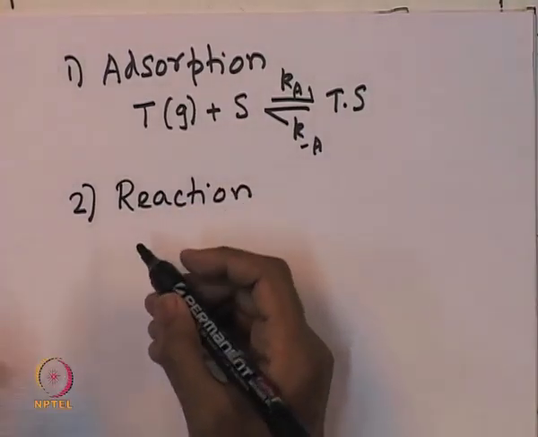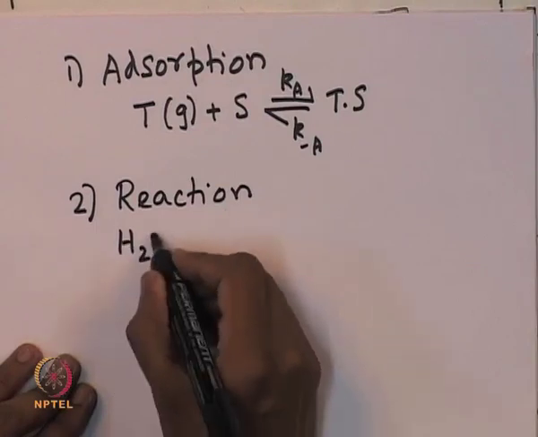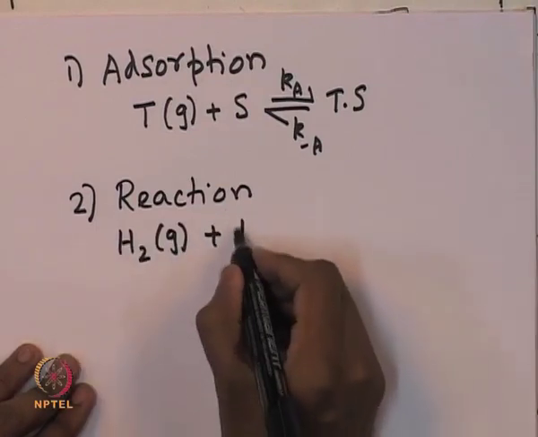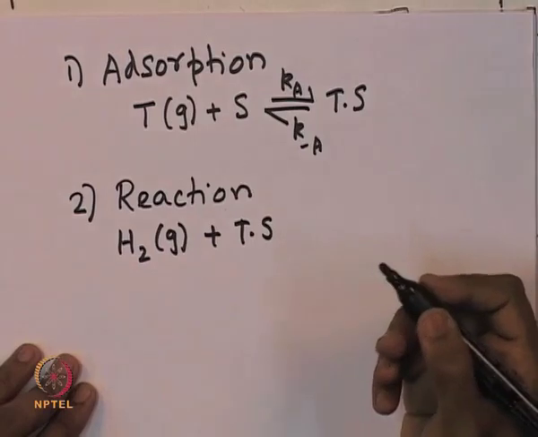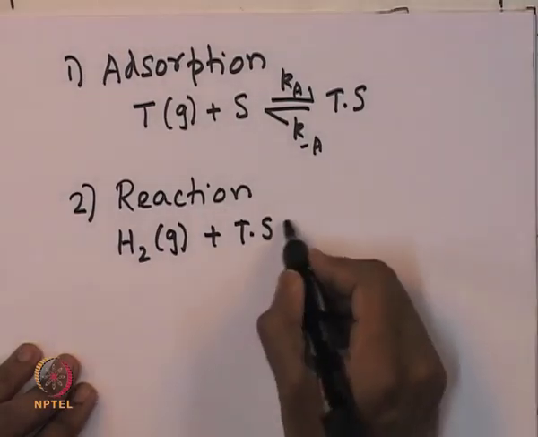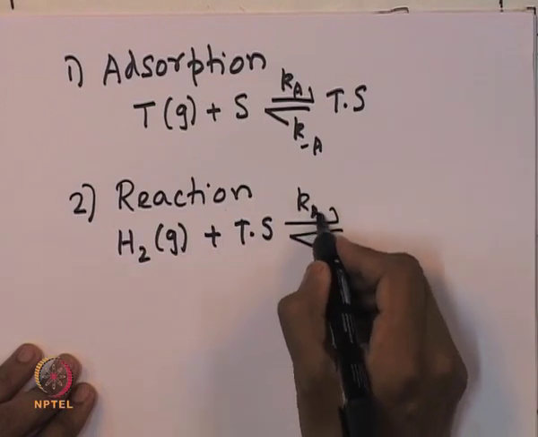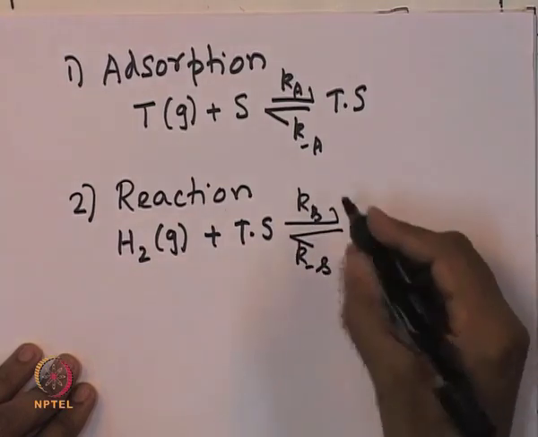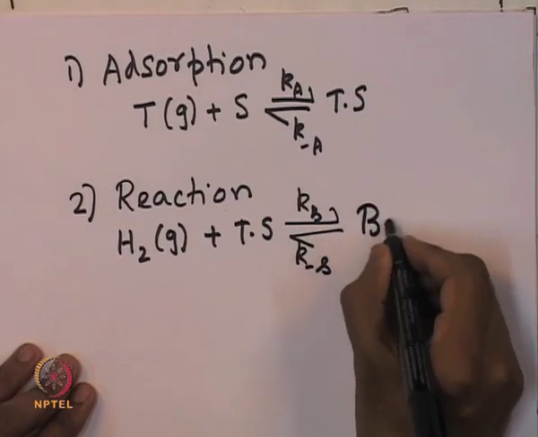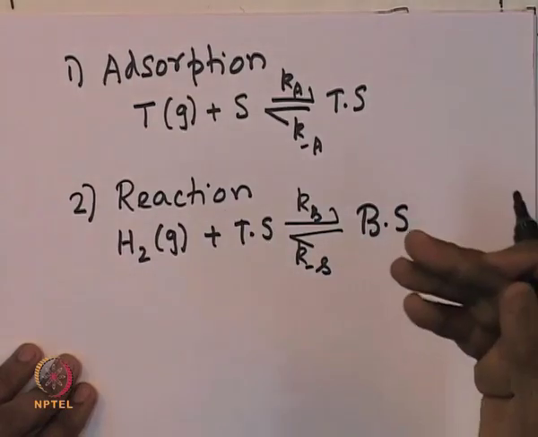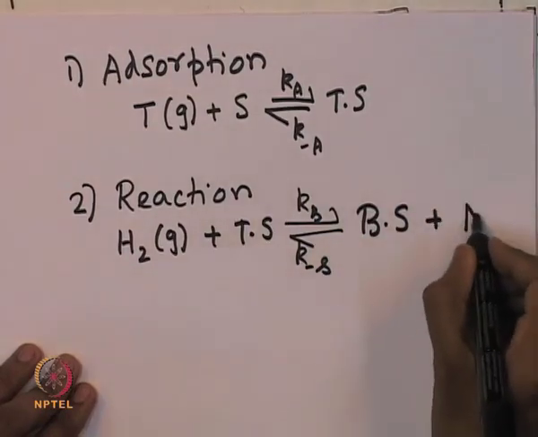The hydrogen which is present in the gas phase now reacts with toluene which is residing on the catalyst site to give the products, where this will be benzene which continues to be adsorbed on the surface, plus methane which goes into the gas phase.